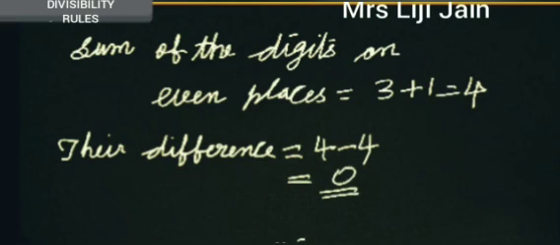0. Understood? So we can say that since the difference is 0, we can say that the given number is divisible by 11. Understood?